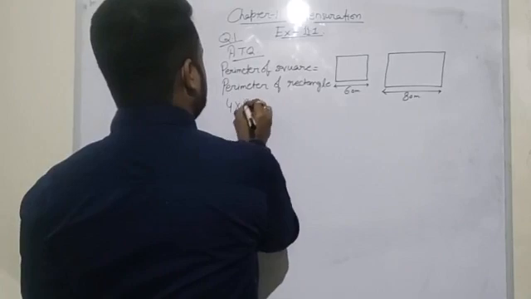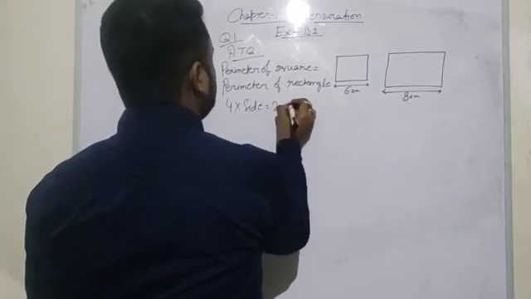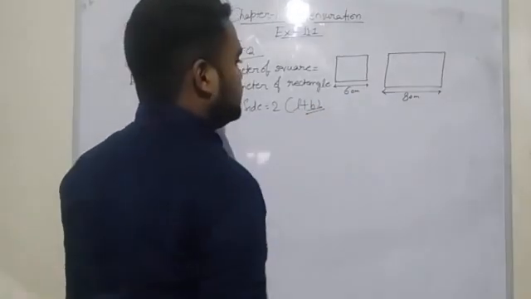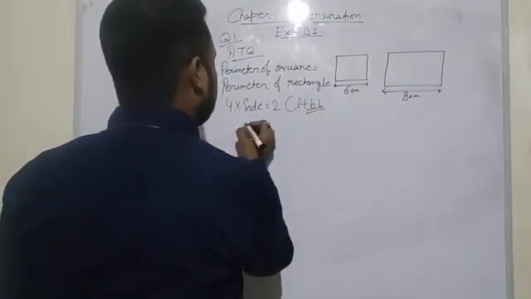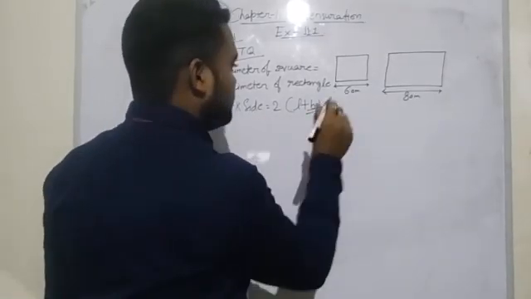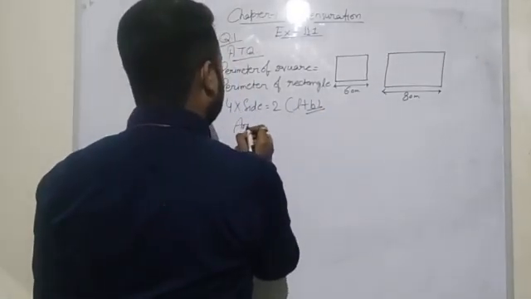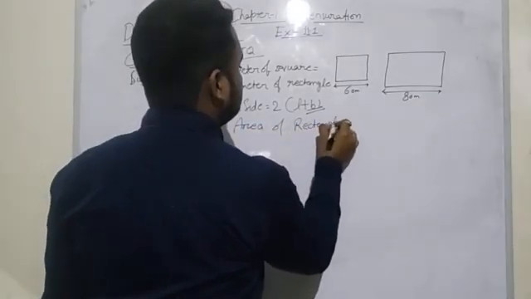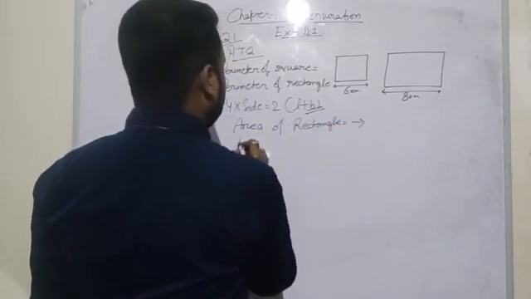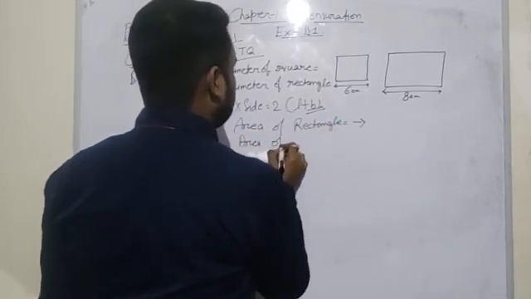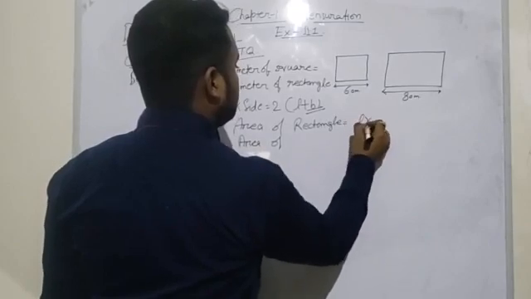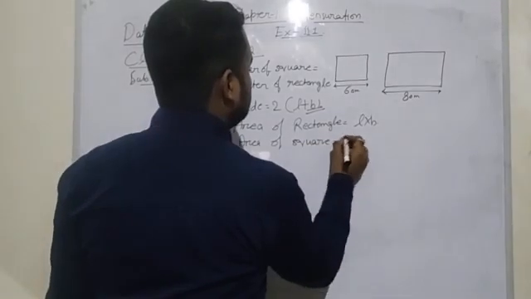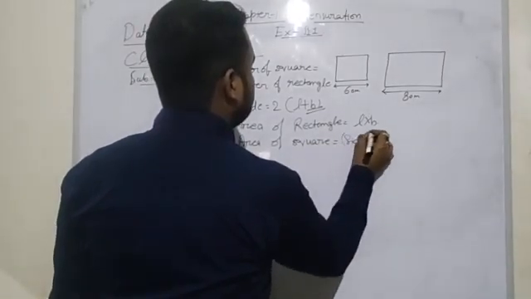So 4 into side is equal to 2 into L plus B. Using this formula we can calculate the breadth of the rectangle, and when we have length and breadth of the rectangle, then we can calculate the area of rectangle. The formula for area of rectangle is L into B, and the area of square is side square.